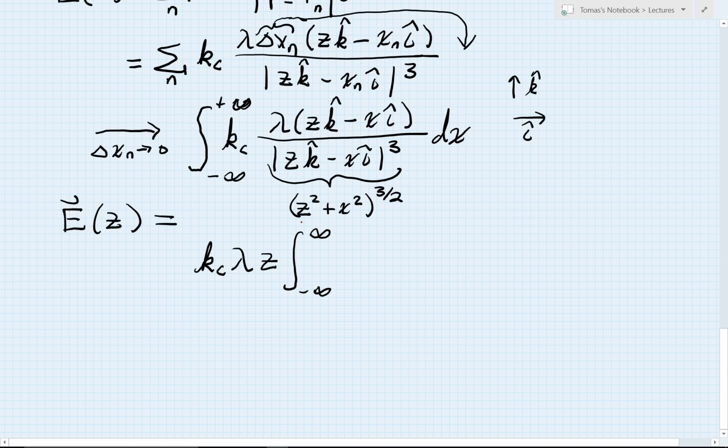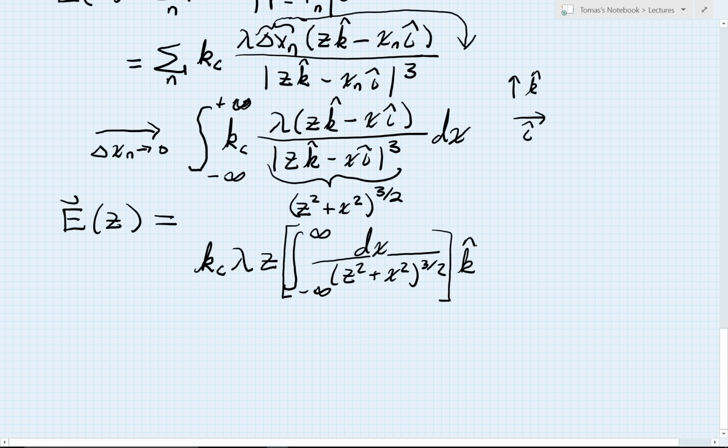Now notice I haven't done the k hat part yet. I'll write that last because it gives us the vector's direction. What's left over on the inside then is just my denominator and my dx. So sometimes we write these functions by putting dx over z squared plus x squared to the 3/2 power. And this integral then is something we will have to evaluate, and we then should not forget to multiply by k hat.